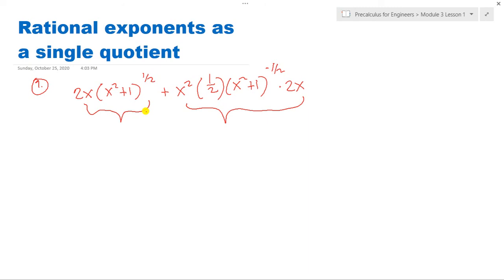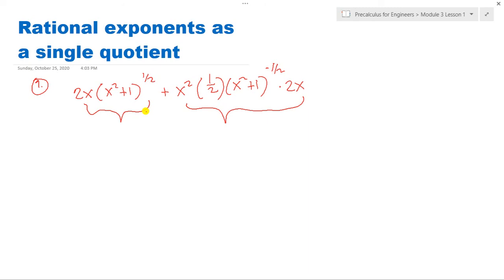In such situations, it is better to factor out first so you can simplify it further. So here, the common term for the first and the second is 2x, and x squared plus 1 with an exponent of 1/2.